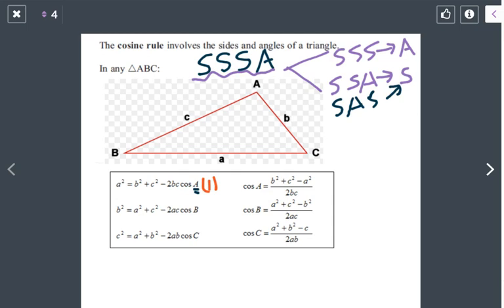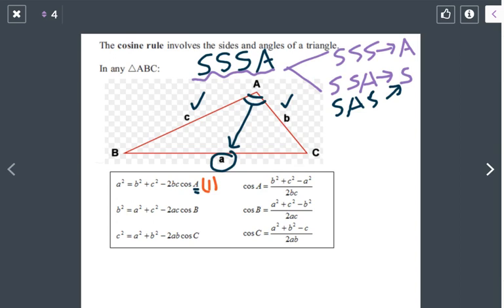Now let's look at the first equation. I have a squared equals b squared plus c squared minus 2bc cosine A. So a will be the opposite side of the side you're looking for. In this pattern, let's talk about b squared then.